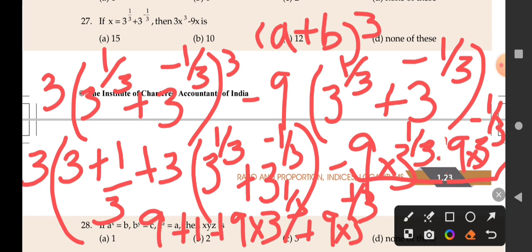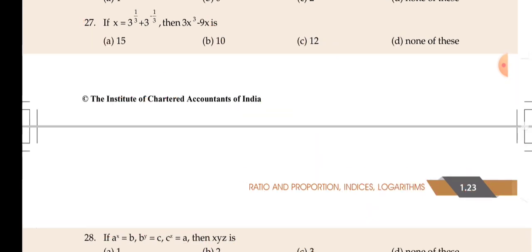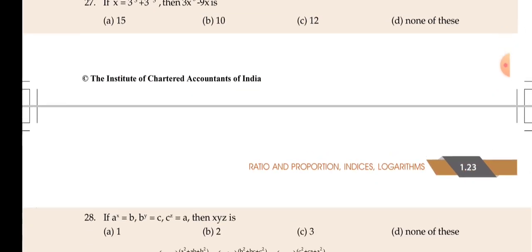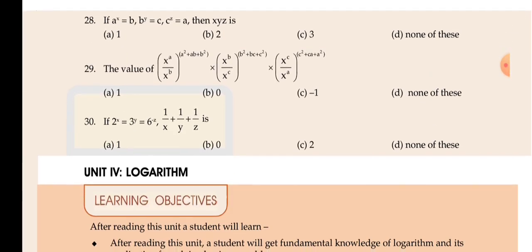This has to be negative as well, since the whole thing has a minus outside the bracket. Hence, these minus minus terms will get cancelled and you get 9 plus 1, which equals 10. Option number B. I want you to try this by solving it with the special formula.